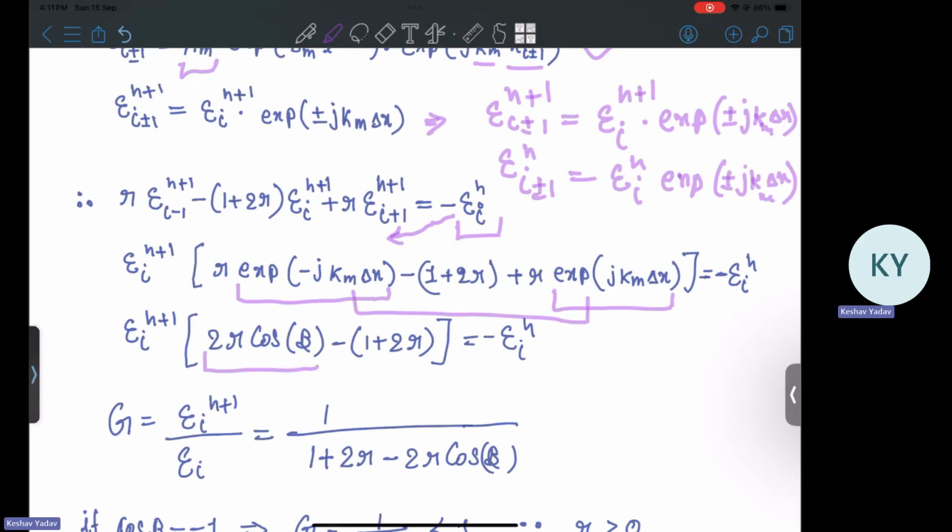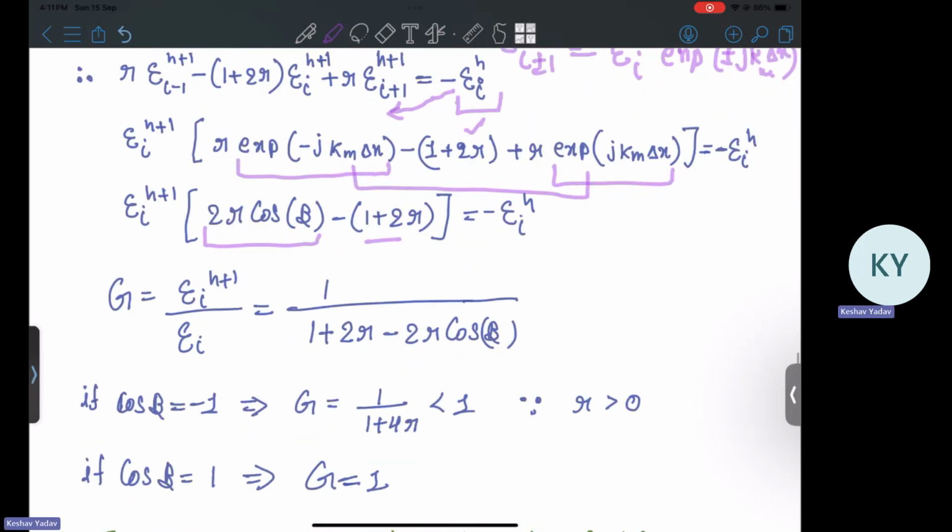That will lead to 2r cos beta minus, this will remain the same, 1 plus 2r. Now if we divide by this, g will be equal to epsilon i at n plus 1 by epsilon i, that will be equal to 1 divided by 1 plus 2r minus 2r cos beta.